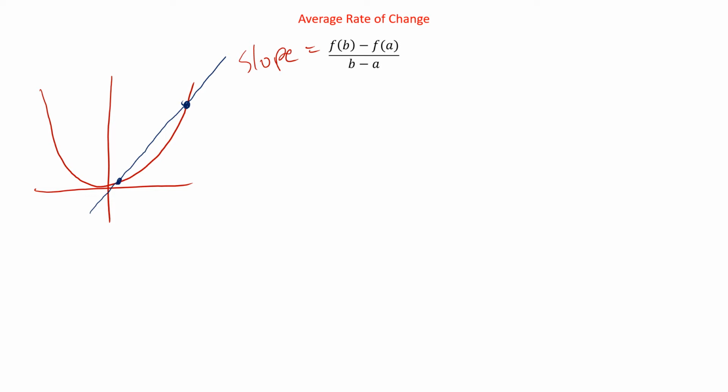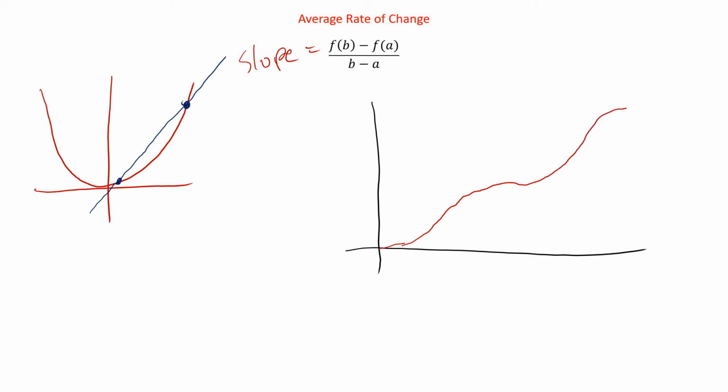So what is the average rate of change? Well, as I'm driving to town from South Camino, my distance away from home is increasing, but it's not increasing at a constant amount. It's going to go slow for a little bit, and then I speed up, and then it'll slow down because I hit stop signs, and it speeds up and slows down, speeds up, and I end up getting there.